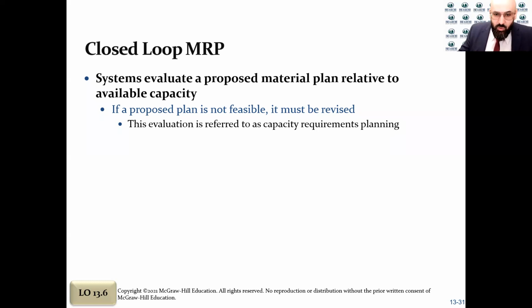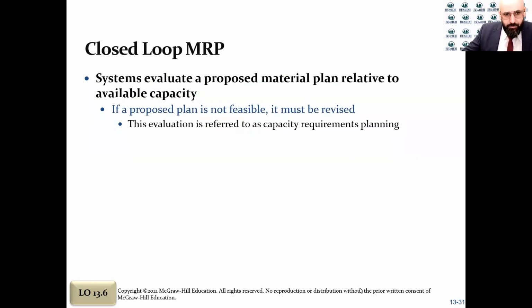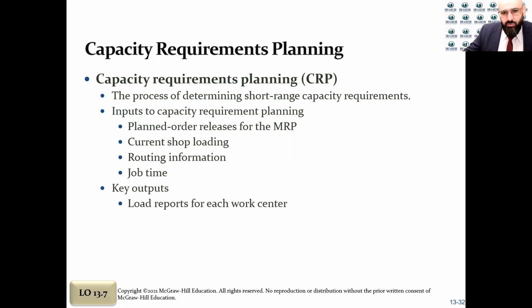This evolution is referred to as the capacity requirement planning, and we did talk about it in previous chapters. But as a reminder, capacity requirement planning is a process of determining the short-range capacity requirement.